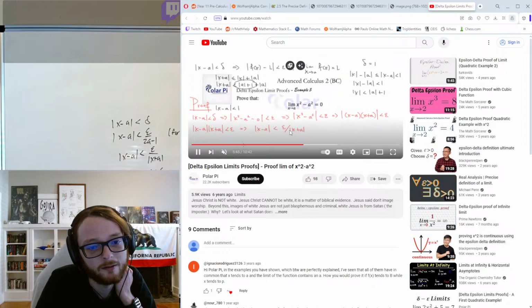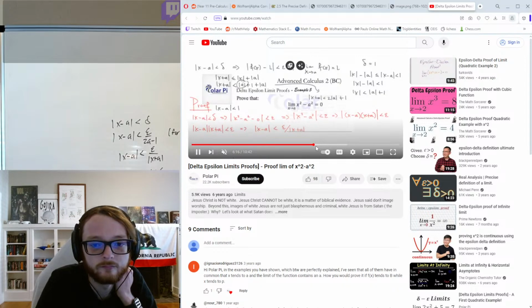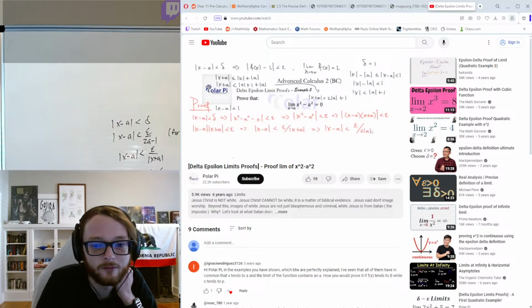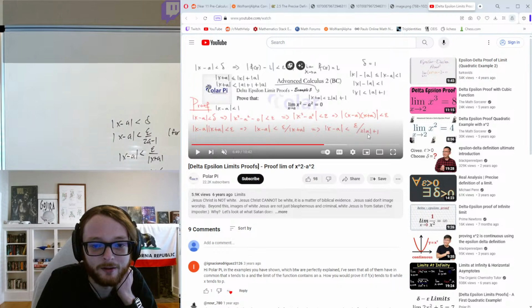Because we have that, but 2 absolute value of a plus 1 is greater than absolute value of x plus a. Wait, I'm just doing this backwards? You can use this? No, this inequality goes the wrong way. You're dividing by a bigger number.